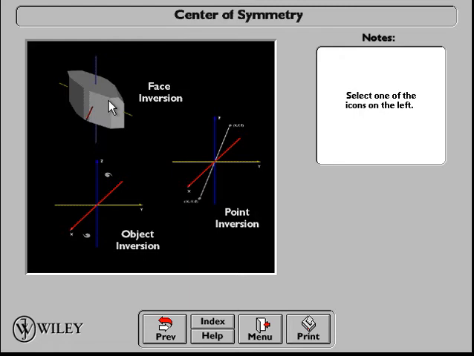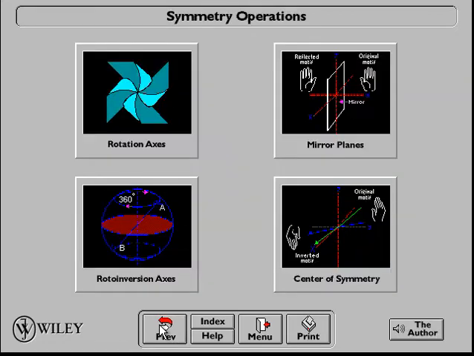I have shown you an example of a phase inversion through the origin or center of symmetry, the object inversion, and the point inversion through the center of the symmetry. That was the last thing from these 4 symmetry operations. We discussed the rotation axis, we discussed the mirror planes, we discussed the roto inversion axis, and we talked about the center of the symmetry.